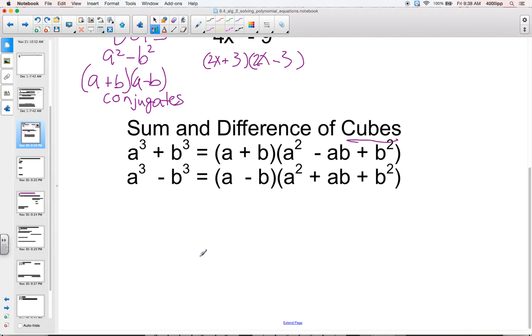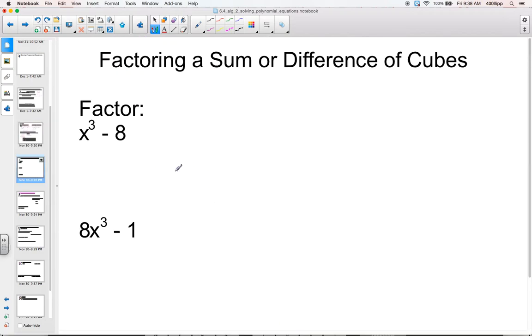So let's try some. Okay, so we're just going to start out with factoring here. So with factoring, we should be able to notice that these are both perfect cubes. 8 is a perfect cube because 2 cubed is 8. So we're going to start off by factoring this, and we're just going to be using that we know that a cubed minus b cubed, we know what that is, we just found that, and we're going to use that formula.